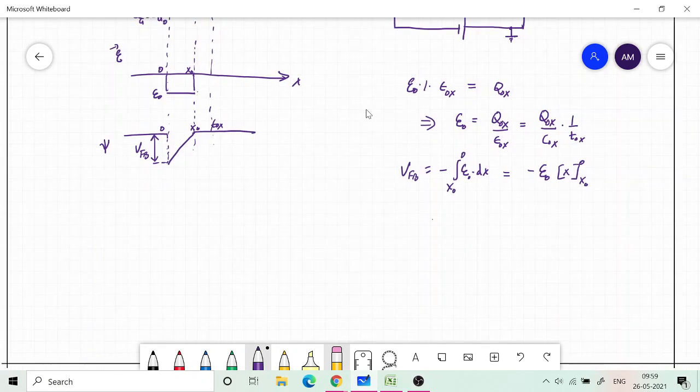So we will get minus, so let's substitute for E naught, that is basically Qox by Cox into, this will become 0 minus x naught, that is minus x naught.